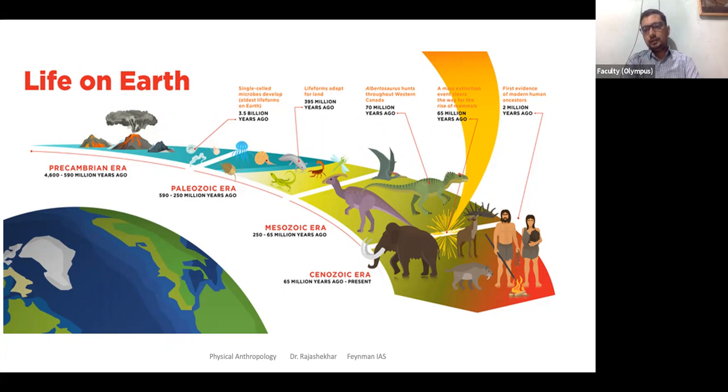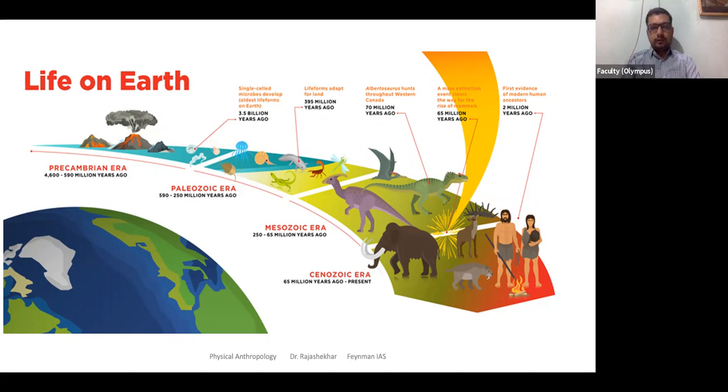We go backwards from today: 100 million years ago, 500 million years ago. We'll talk like that. So M/A is a unit that we normally use, which refers to million years ago. So 4,600 million to 590 million years ago is when the Precambrian era existed.